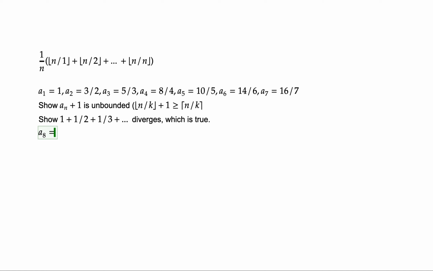Yeah, 20 over 8. Is that a decrease? Does not seem to be so, since here we get 5 halves, definitely greater. Let's try 9 now. A sub 9.